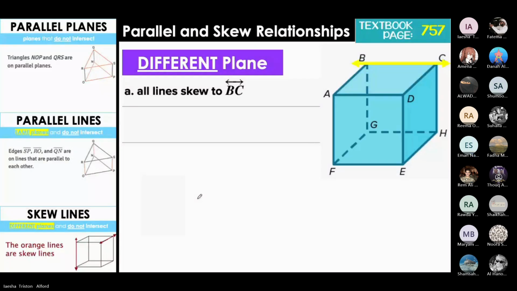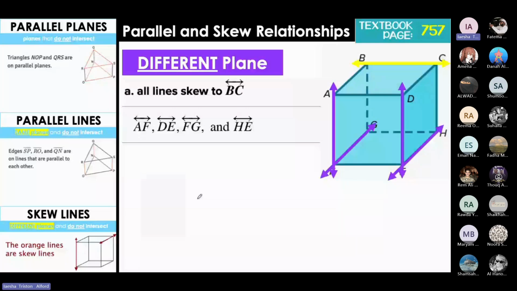D and E. A and F. A and F, so good. A and F, D and E, F, G. H, F, and G, E. H, E. Okay, so the purple lines are skew. They're in a different plane and cannot touch.